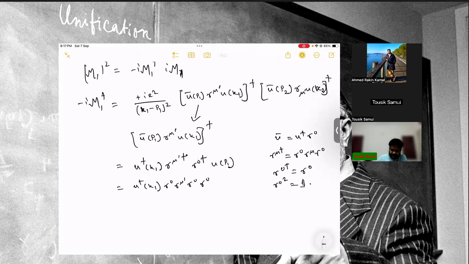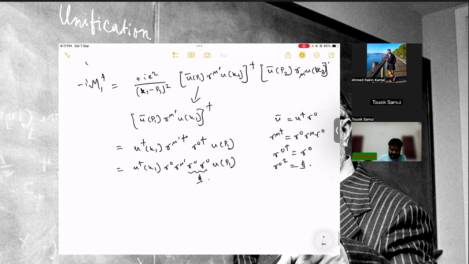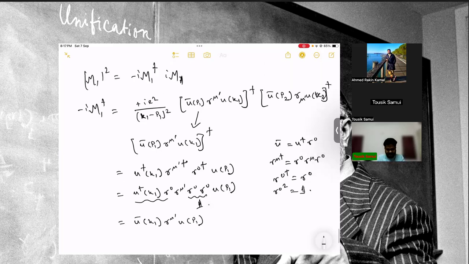So this way it's gamma naught U. Now this is essentially identity in the spinor space. So it will be U, and this will constitute U bar gamma mu prime U P1. Right? So essentially, it looks like we have to just write it in the reverse order.